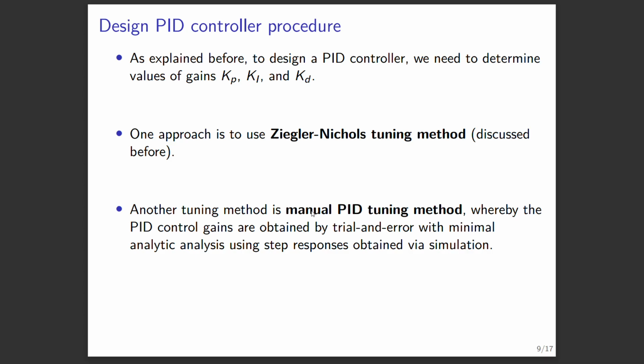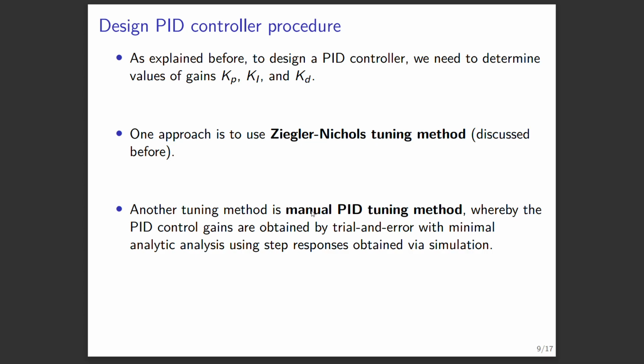We need to determine the values of three gains that a PID controller has, Kp, Ki, and Kd, the three knobs that the design engineer has. One approach that was discussed before is to use the Ziegler-Nichols tuning method.